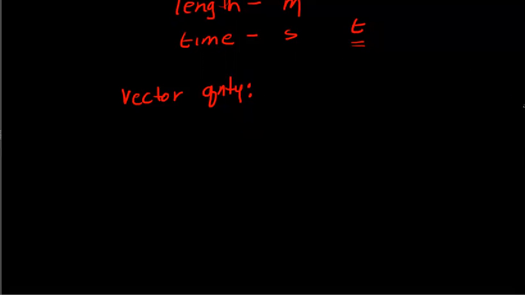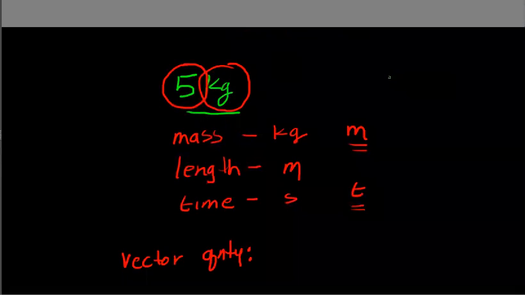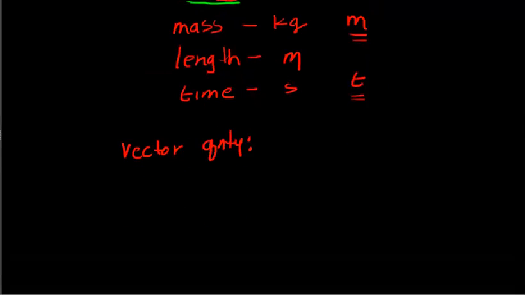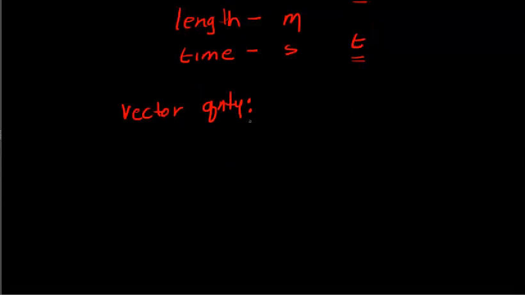Again, in a scalar quantity, we need the magnitude and the unit. But in a vector quantity, we need magnitude, we need the unit, and we need the direction.